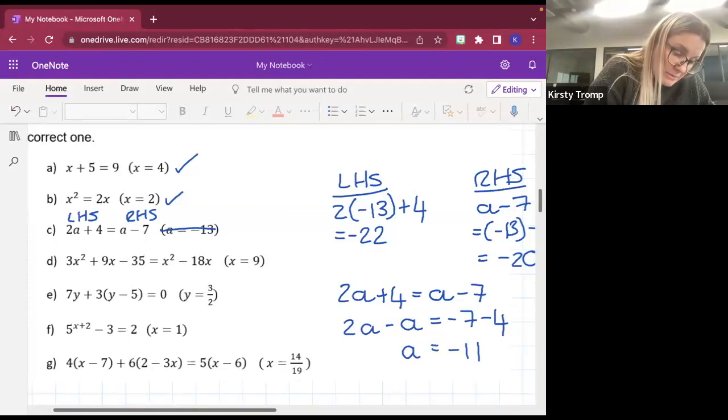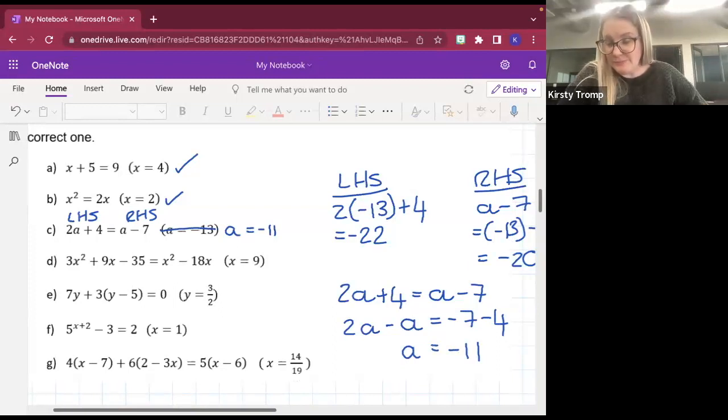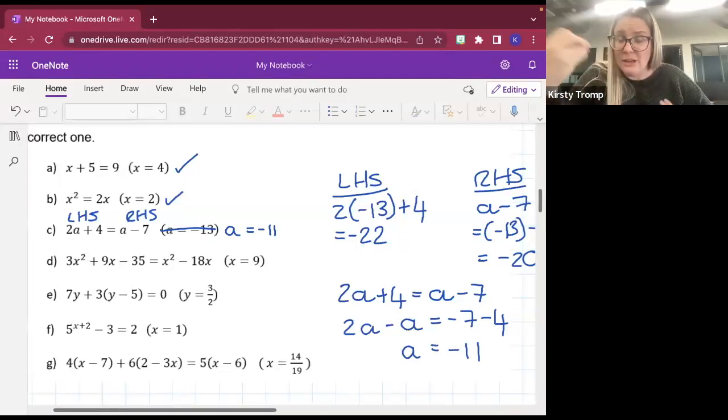So for my sum, A is equal to negative 11. I hope that's the answer that you got. I hope that you saw that A couldn't be negative 13, so we managed to find what A was equal to.